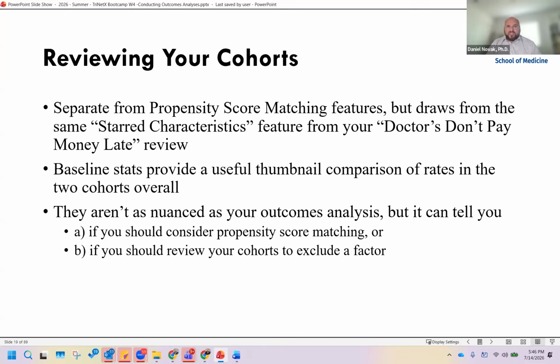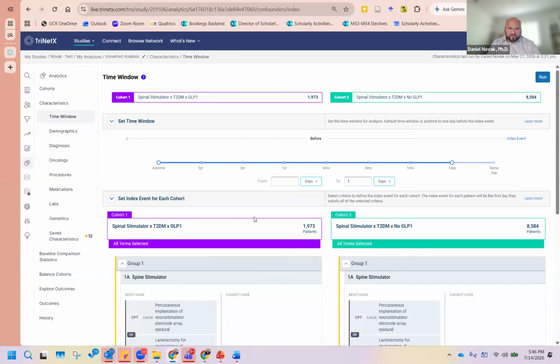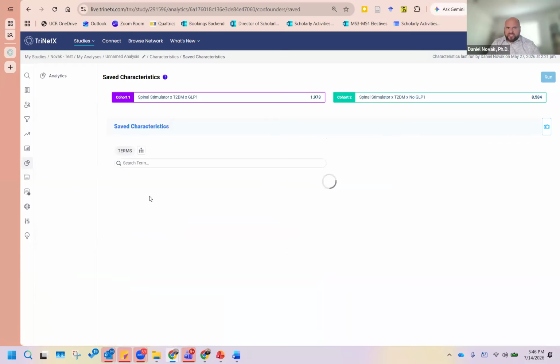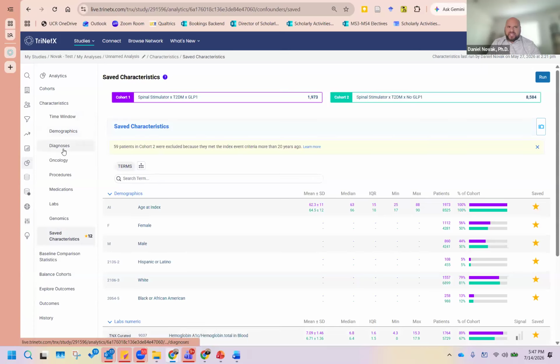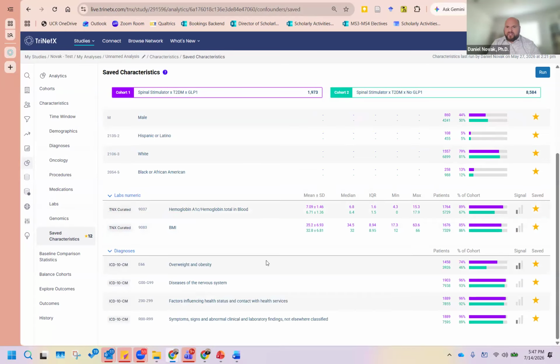Reviewing your cohorts. So separate from propensity score matching features, but draws from the same starred characteristics feature. Looking back here, you can see these saved characteristics are selected from the available lists of demographics, diagnoses, procedures, medications, and labs, and they become the fundamental factors that are part of your propensity score model.